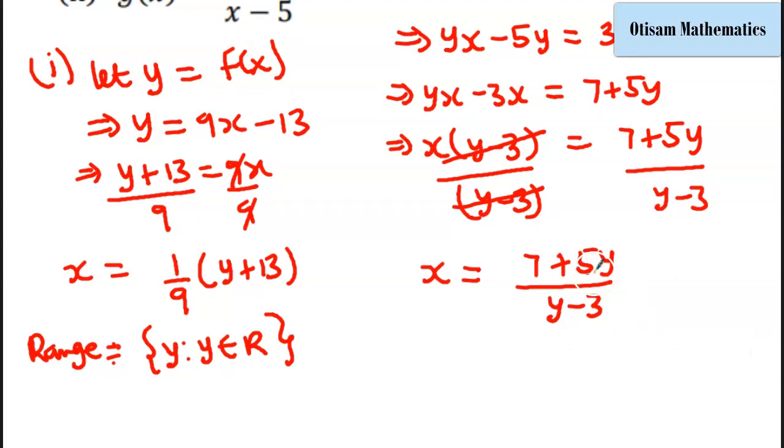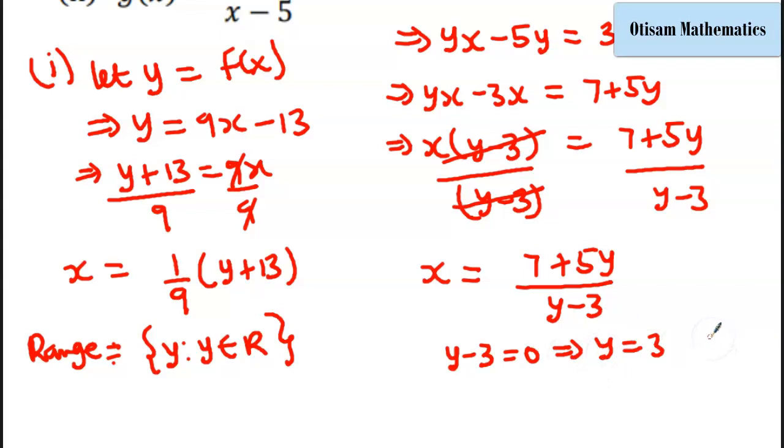So the range will be in terms of y. This is a rational function, so what makes a rational function undefined? When the denominator is equal to 0. So y minus 3 equals 0, which implies that y equals 3. When y is 3, the denominator will be 0 and the function will not exist.